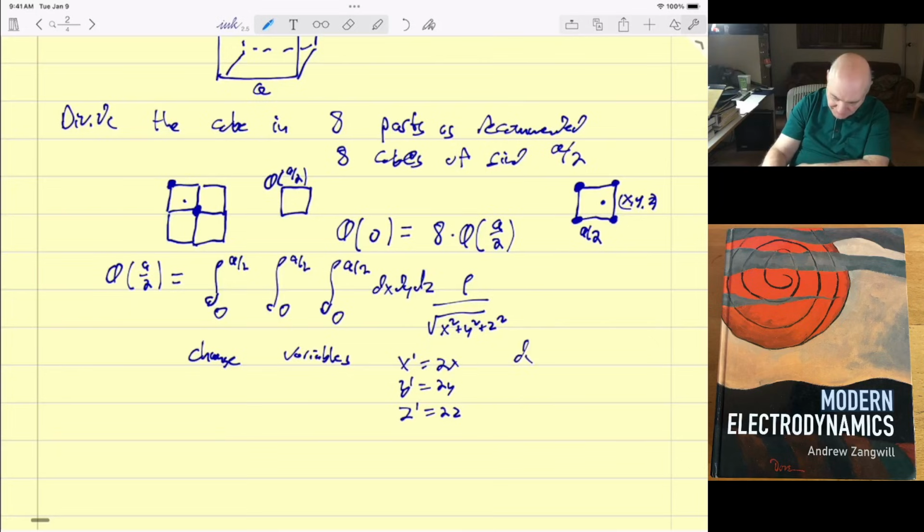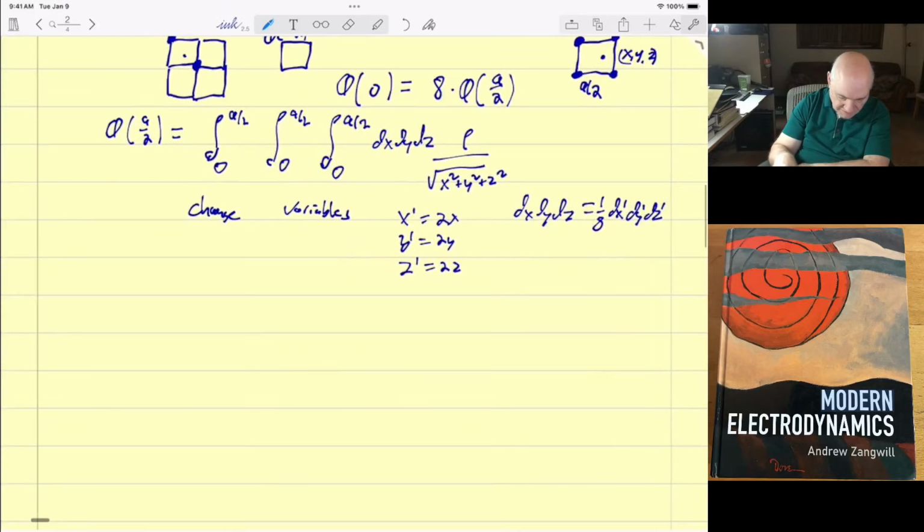Now I'll get dx, dy, dz is equal to 1/8 dx prime, dy prime, dz prime. And now my integral will just be phi 1 a over 2. I'm sorry, I didn't define the 1. 1 means corner. So phi 1 a over 2 is equal to the integral. Just make the usual substitutions.